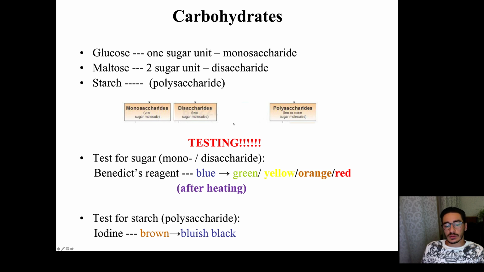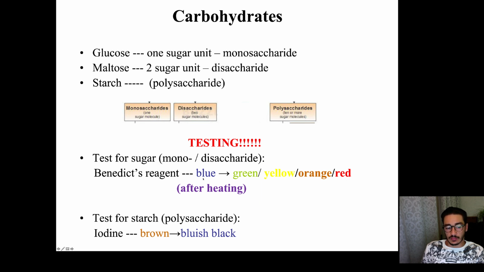The way we test this is we use Benedict reagent. This is a test for mono- and disaccharides, for simple sugars. The more simple sugars you have, the more red it's going to turn after the heating.